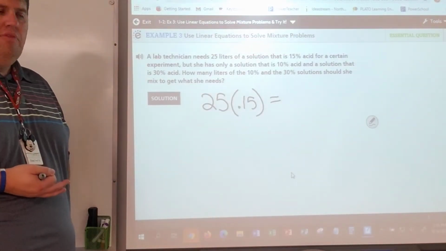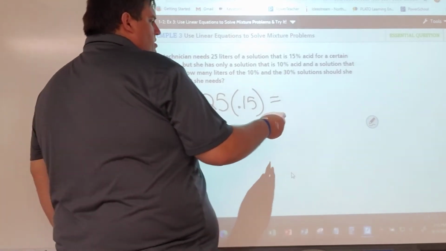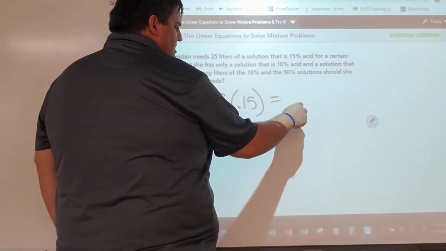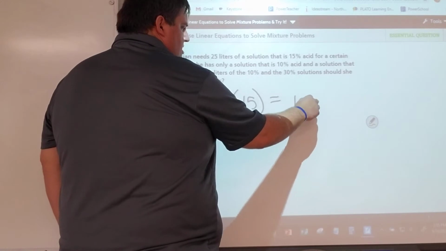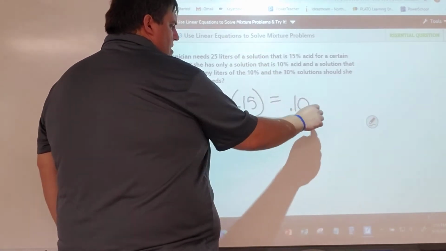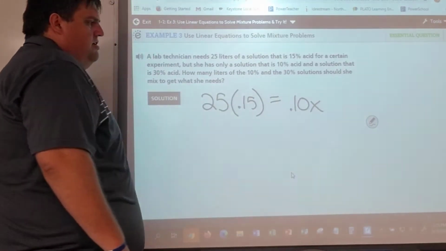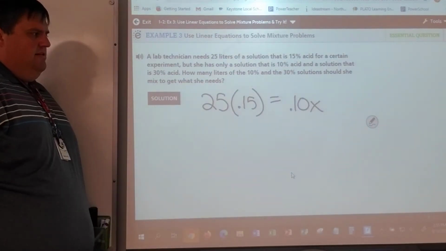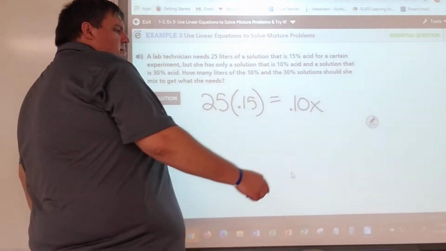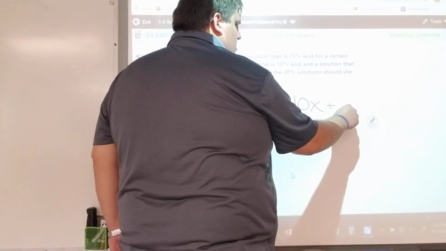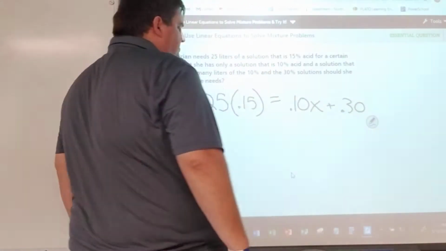We don't know how much of each one we need, but that's what we want to solve for. So we know that of the 10%, we want x amount. We don't know how much that is. And of the 30%, this is where it gets kind of tricky, I would say.